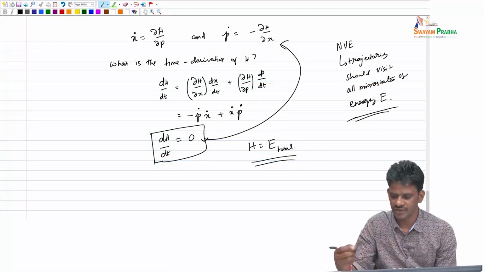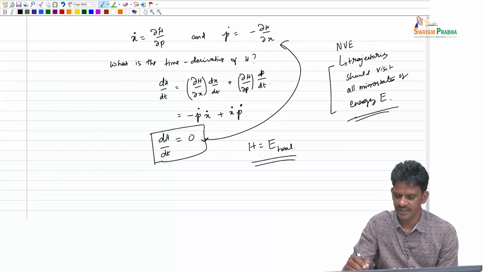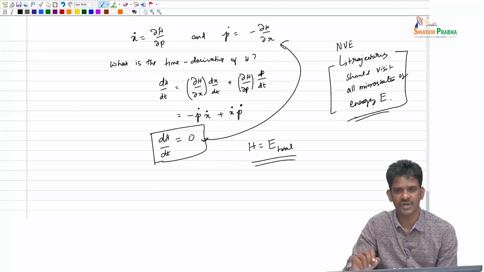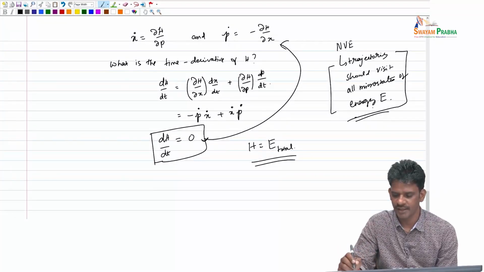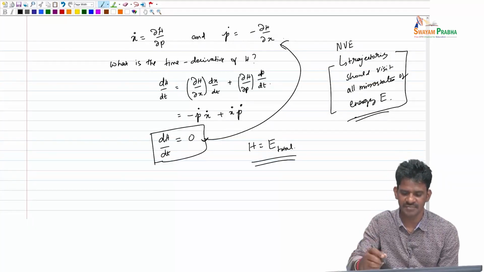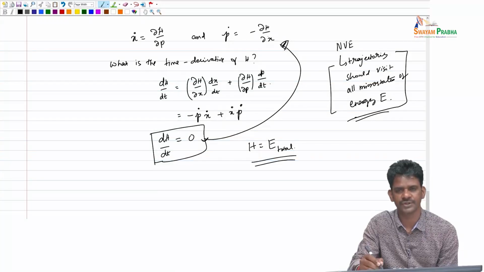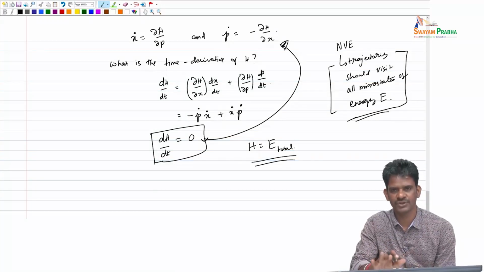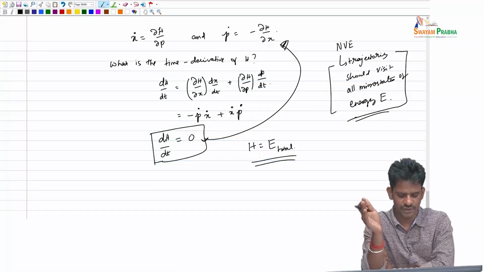That means the trajectory we generate in the constant energy ensemble basically samples all these microstates of the same energy. So the condition that we imposed on sampling of the NVE ensemble through trajectories is actually mapped onto this particular equation of motion. Solving this equation of motion ensures the energy remains constant throughout the trajectory.